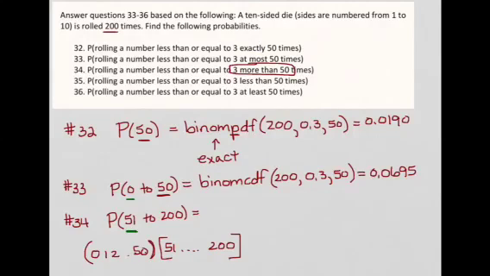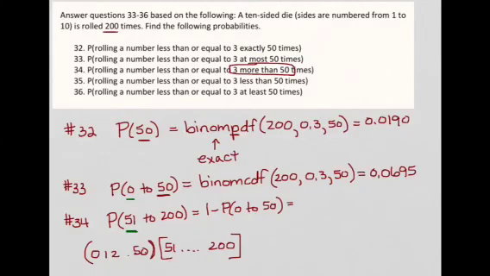Now, this is not going to give us the correct answer, so we're going to have to say, well, it's the opposite, so I'm going to do 1 minus probability of 0 to 50 successes. So now we have something starting at 0, and it'll give us the correct answer because we have compensated for the fact that we're using the opposite by doing 1 minus. So this is just the complement rule in probability.